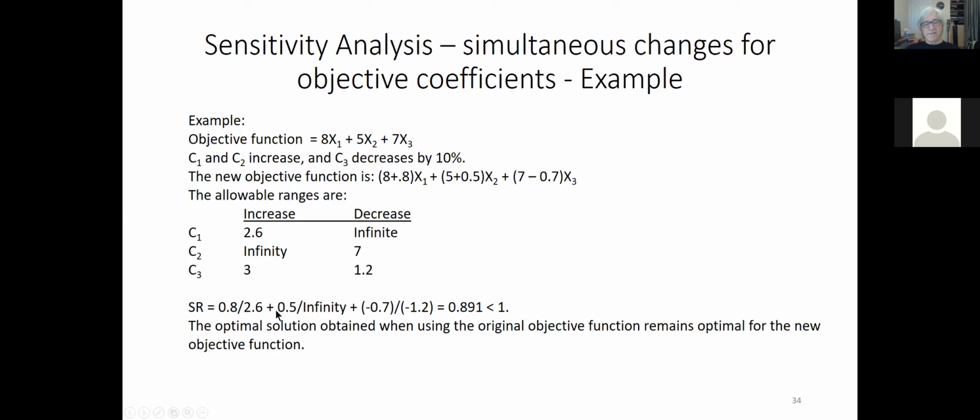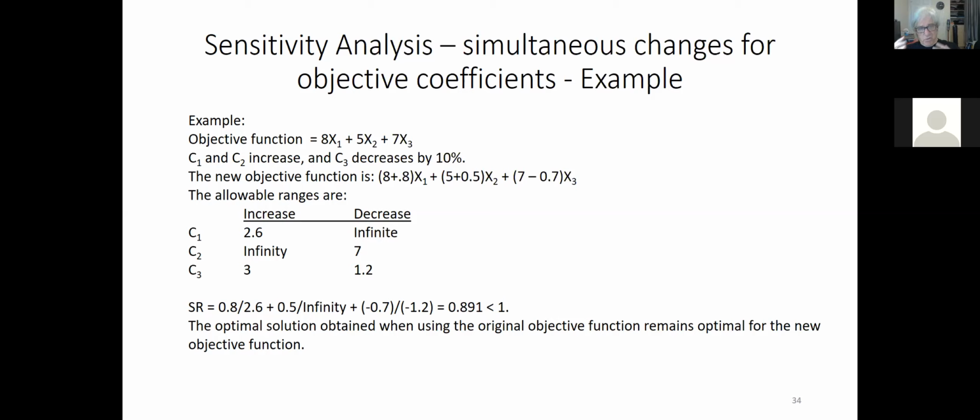This one drops out because it's already equal to 0. So you add the first and the third one, and the sum is 0.89, and this is less than 1. Conclusion, because it's less than 1, the optimal solution that you got from the first objective, you will get from the second objective. No need to rerun to know that.